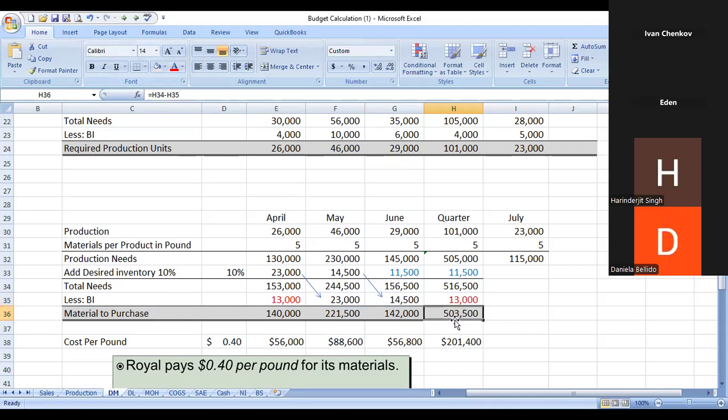So for the entire quarter, in order to produce 101,000 units, we need to purchase 503,500 pounds, which will guarantee our production. Plus, we're going to have an ending balance of material of 11,500 pounds to start July.